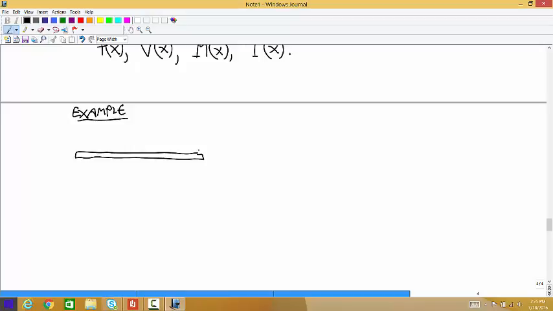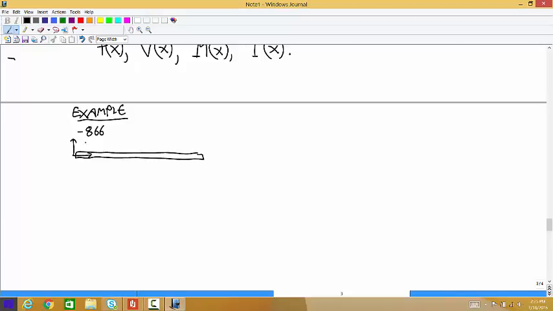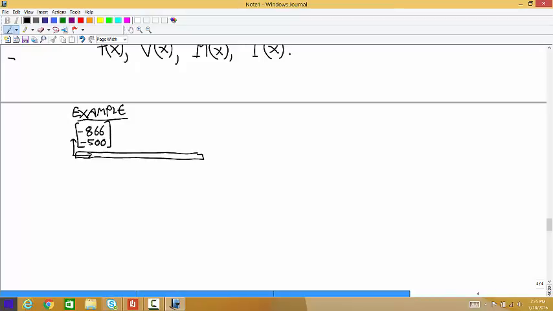So let's say we have a beam, and usually you have to calculate the external loads. In this one, I'm giving you all the external loads. So let's say on the left end, there's a force of negative 866, negative 500. And at the midpoint, there's a 1,000 Newton force up.